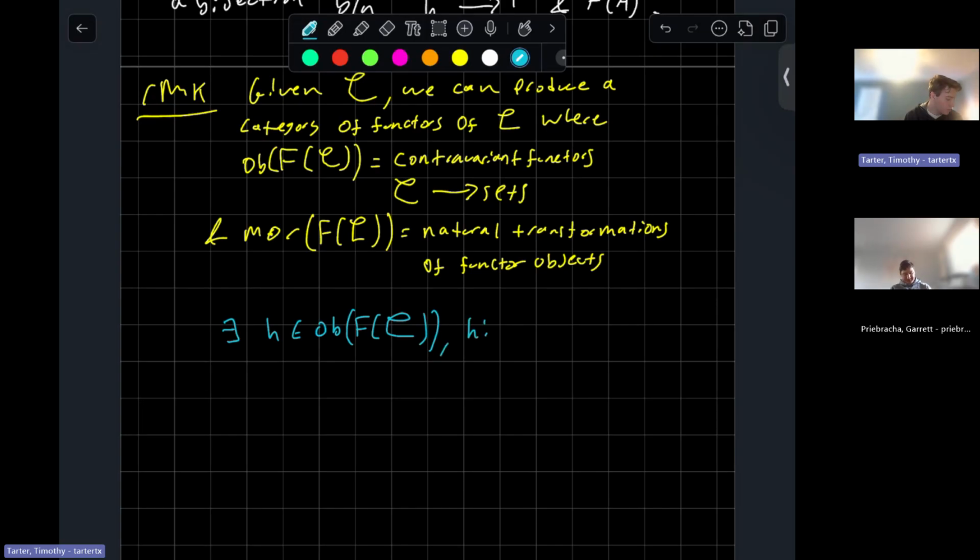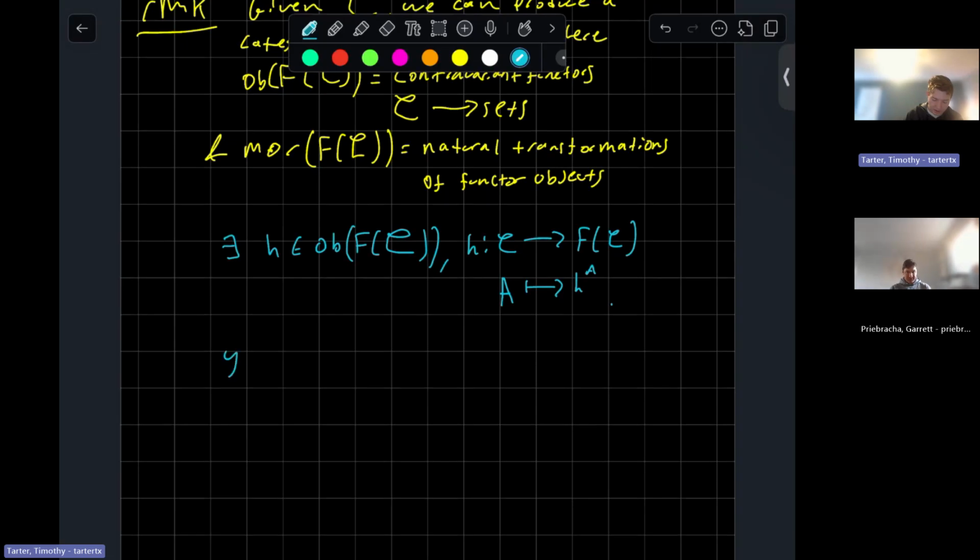where H goes from C to the functor category, F of C, which sends A, capital A, to HA.